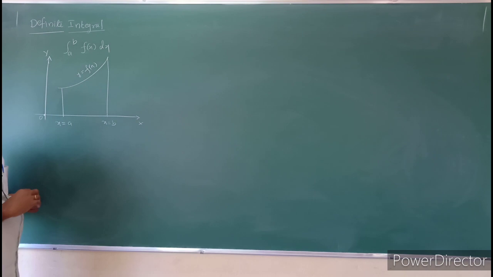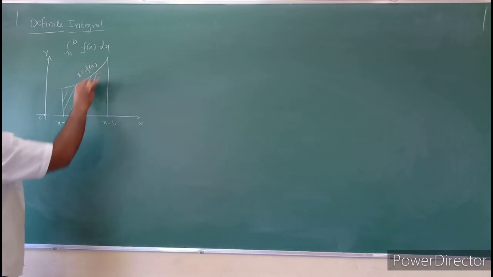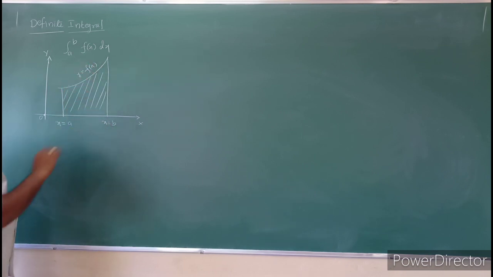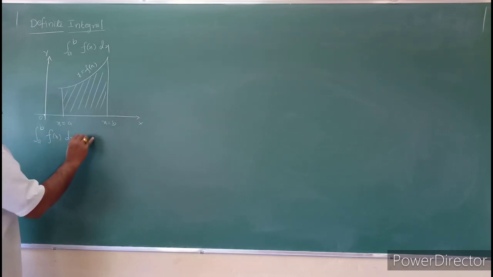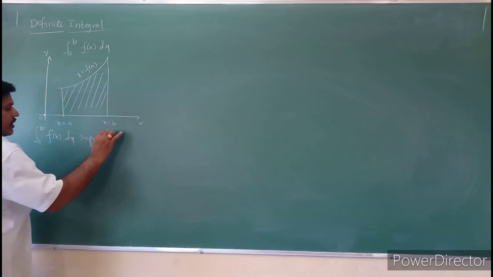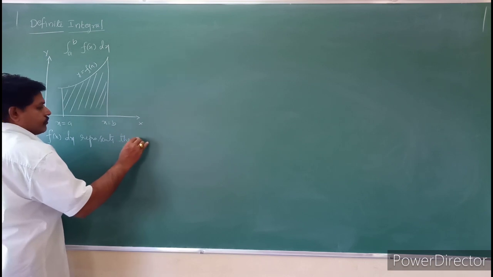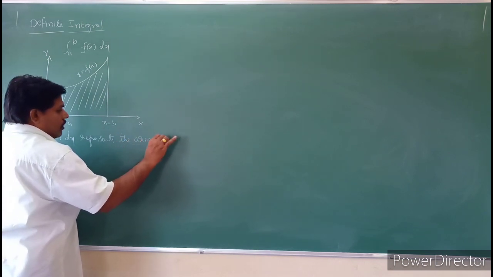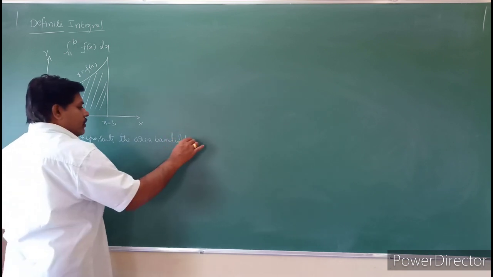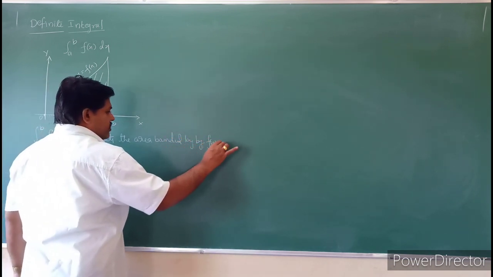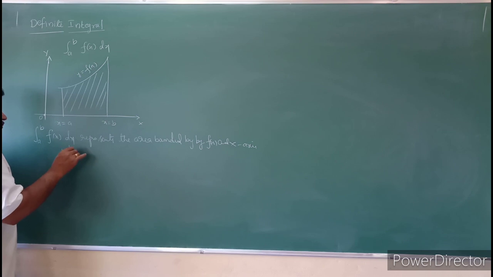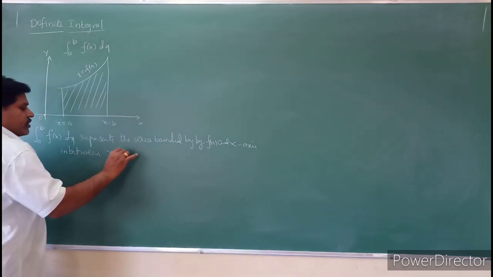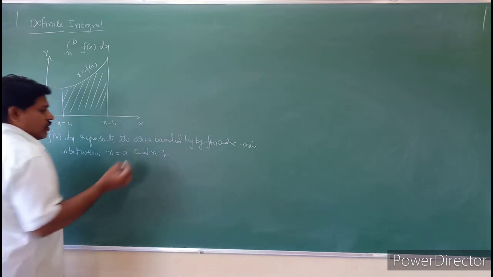Integral a to b f of x into dx represents the area bounded by the curve y is equal to f of x and the x-axis in between x is equal to a and x is equal to b.